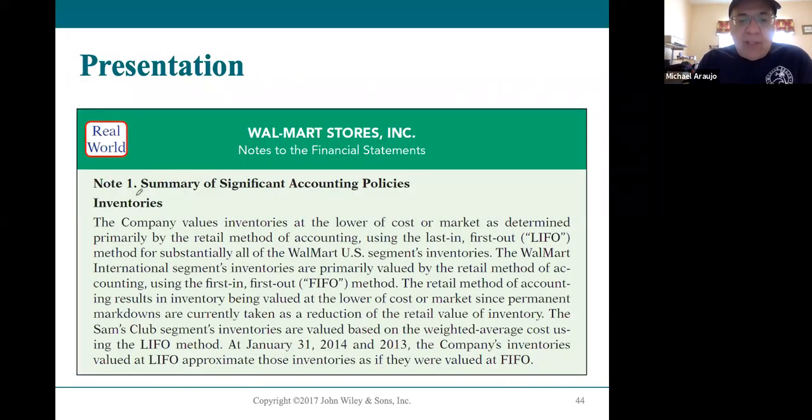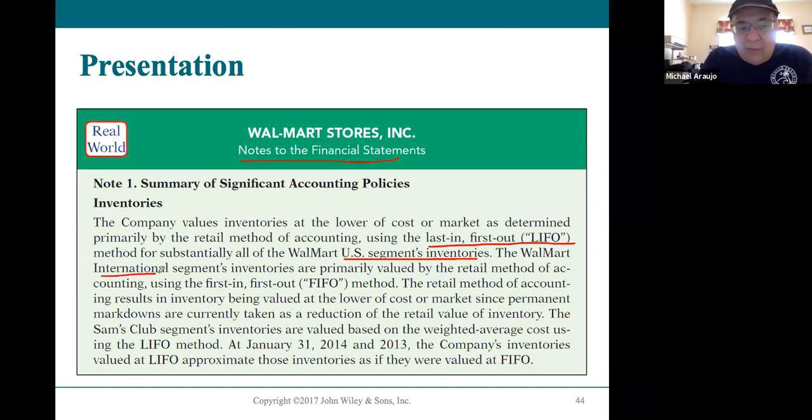As you see here, these are the notes for financial statements from Walmart. And you see Walmart uses the LIFO method, last in, first out, for its US stores, okay? Walmart is a global company.